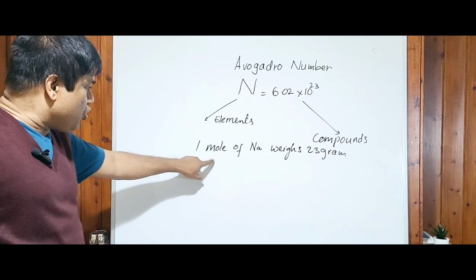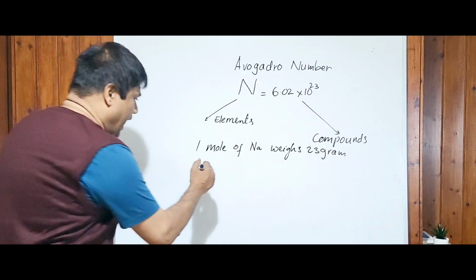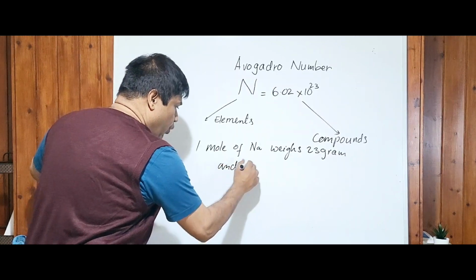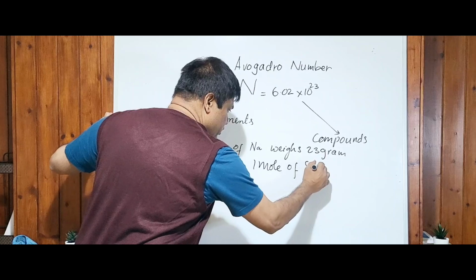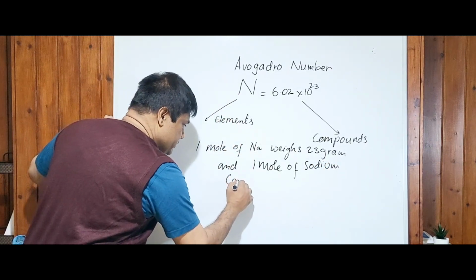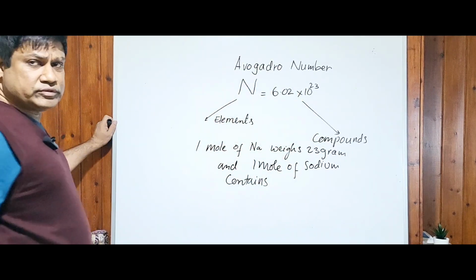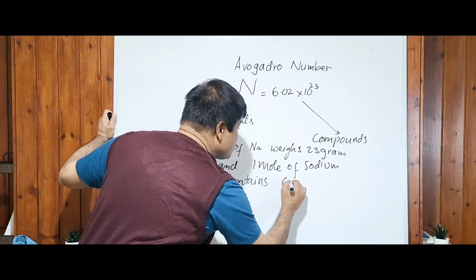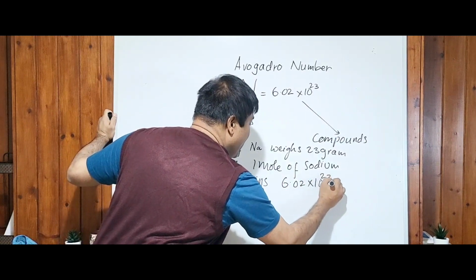So 1 mole of sodium weighs 23 grams, and 1 mole of sodium contains Avogadro's number of atoms, which is 6.02 into 10 to the power of 23 atoms.